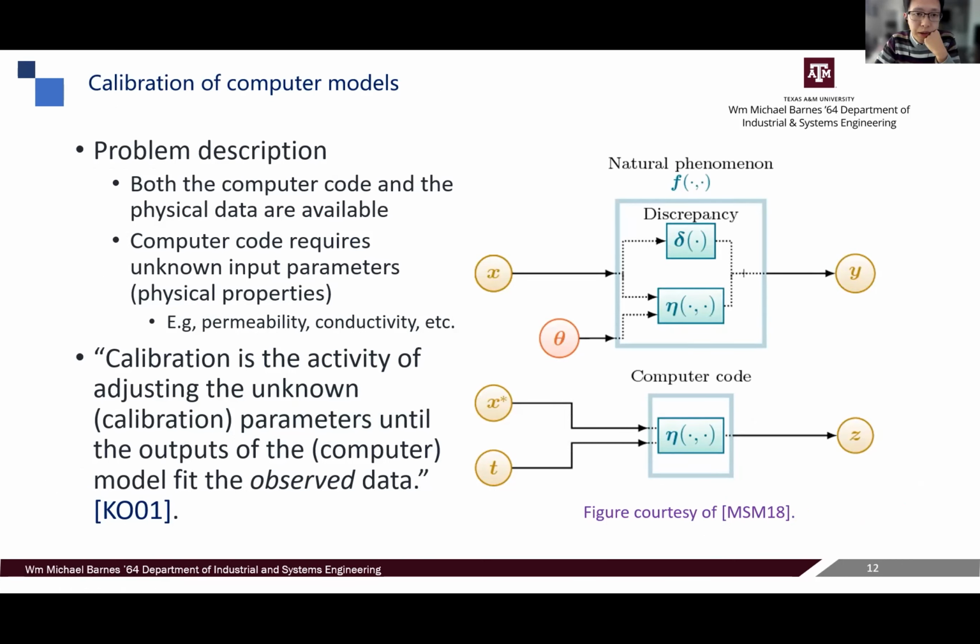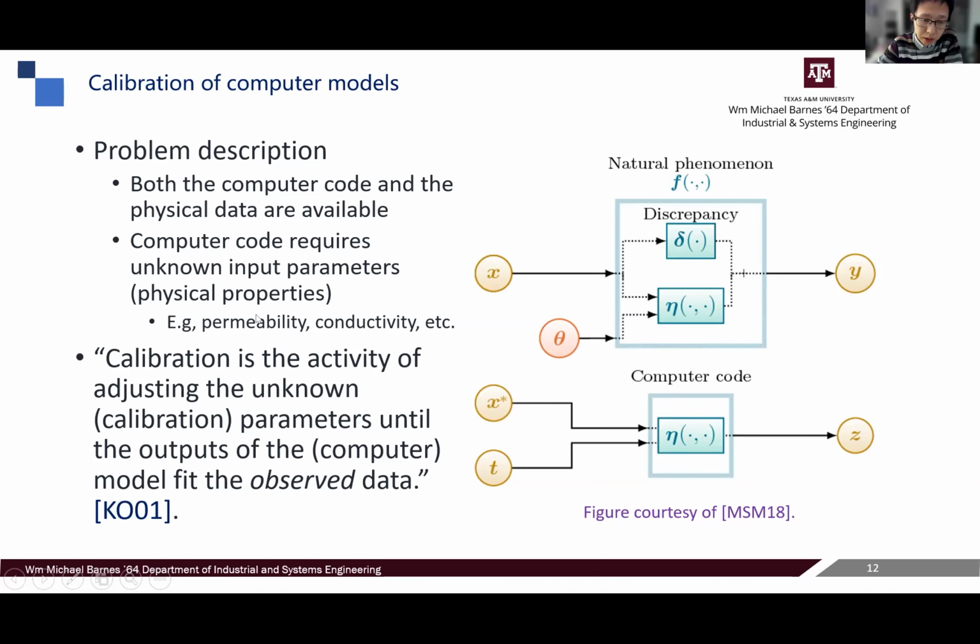I'm going to show you something that GP can be used to do besides surrogate modeling. One of them is calibration of computer models. When you have a computer model and you want to use it to make predictions for some reality, usually the computer code contains some parameters which determine certain physical properties. For example, in some cases it could be permeability or conductivity.